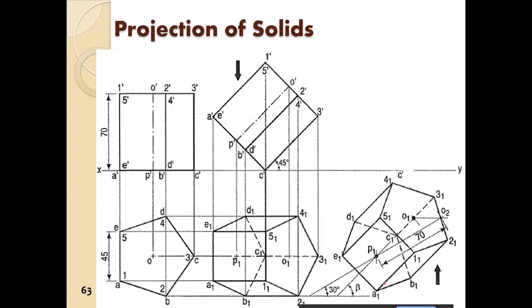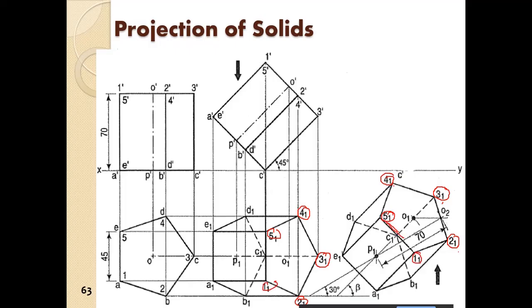Here you note that 3 1 is moved up to this point. 2 1 is moved up to this point 2 1. 4 1 is moved up to this point 4 1 here. 5 1 is here and 1 1 is here.